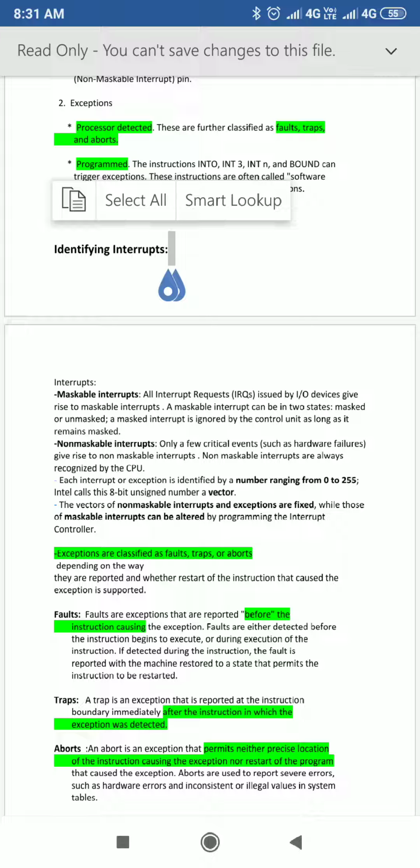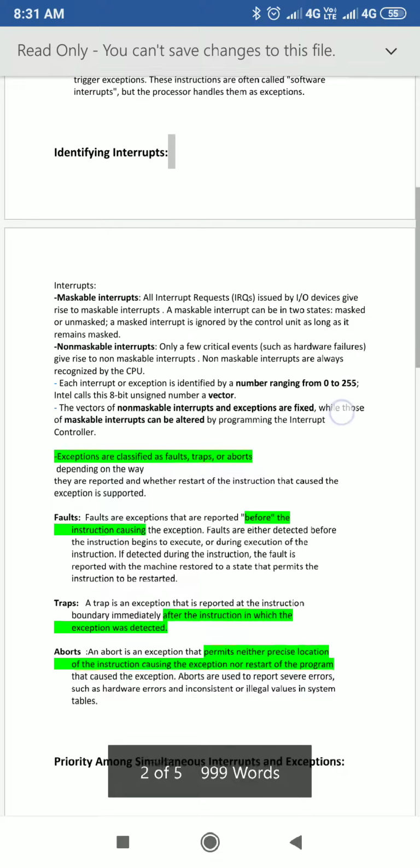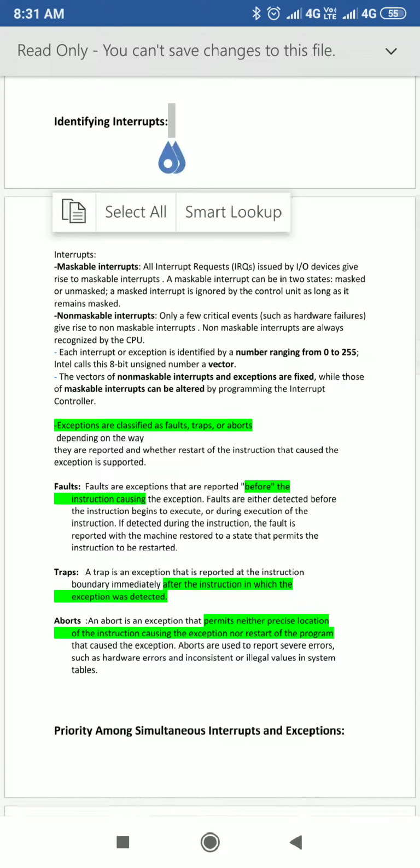These interrupts are generated by changing the logic levels on the 80386 interrupt pins. Now, our 80386 has 2 interrupt pins, namely NMI, that is non-maskable interrupt, and the second one is INTR, that is the interrupt pin.